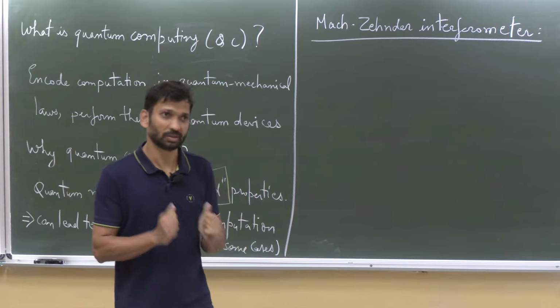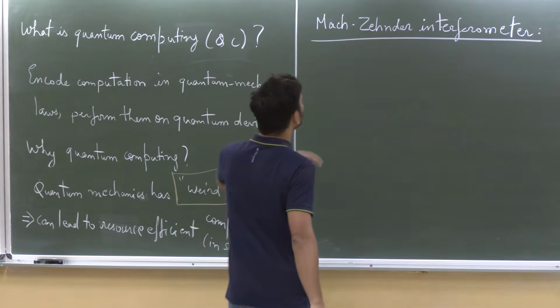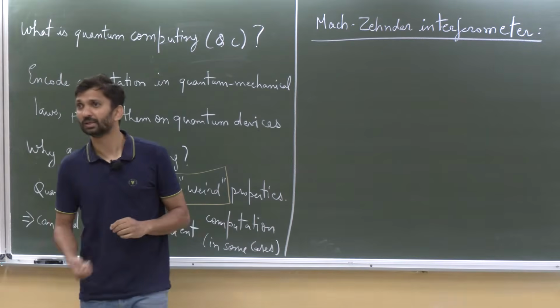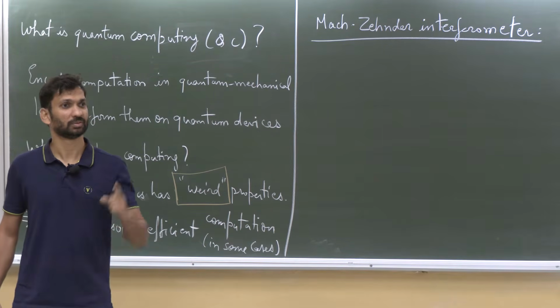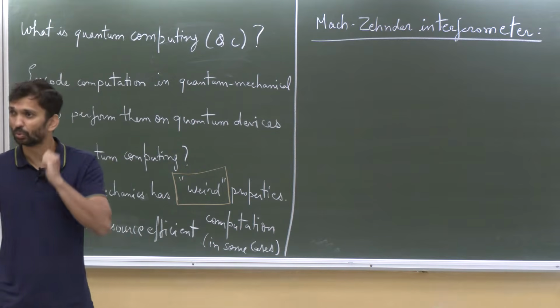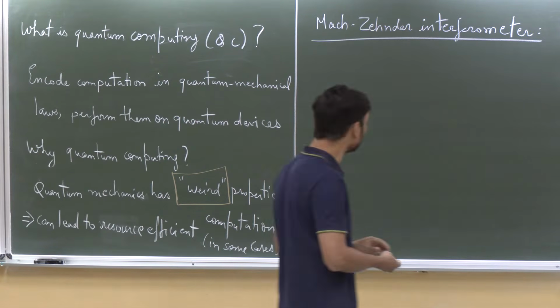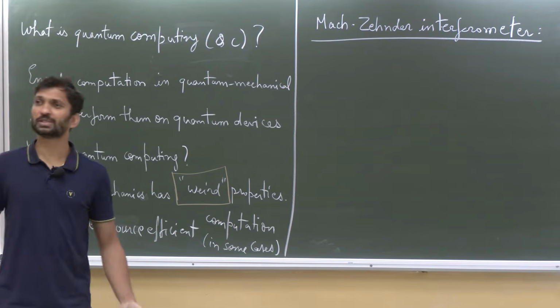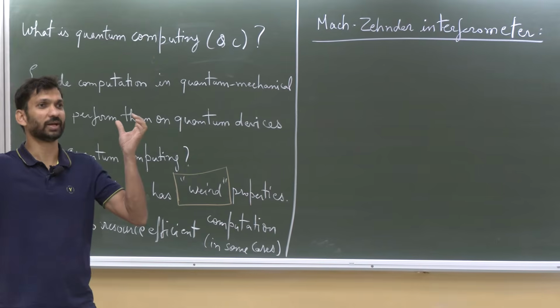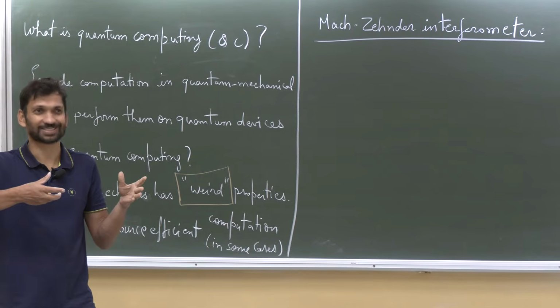Sounds good? Great. So let's start with something called the Mach-Zehnder interferometer. How many people know what a Mach-Zehnder interferometer is? One. Okay. Two. Okay. Great. And people who are from physics, I would say take off your physics glasses and put on your computer science glasses.